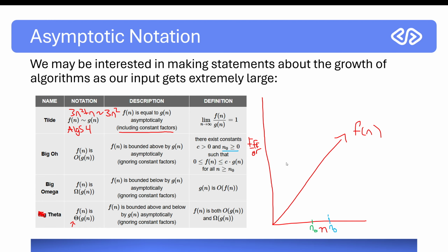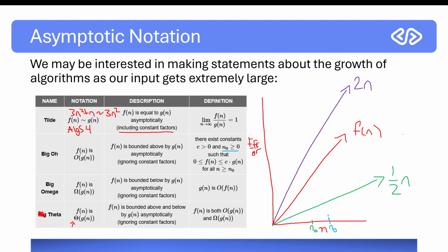So if we have, I can just draw another linear function. Say this is, I don't know, 2n. And then I can draw another linear function. Say this is 1/2 n. And this is much more precise.